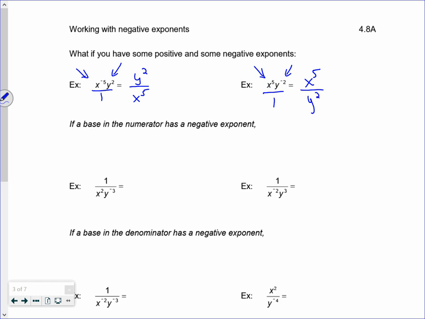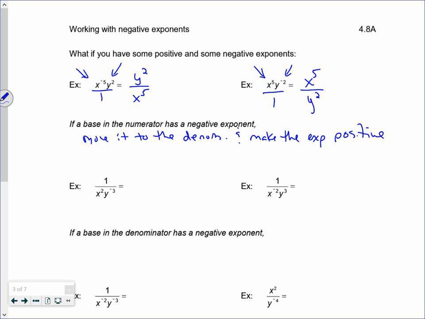Okay? So if the base in the numerator has a negative exponent, move it to the denominator and make the exponent positive. You have to do both things.